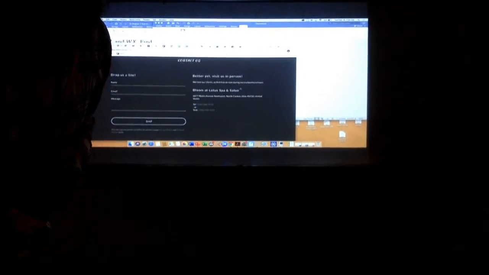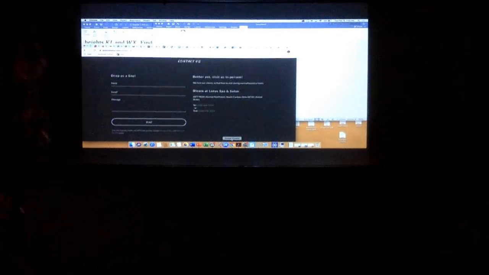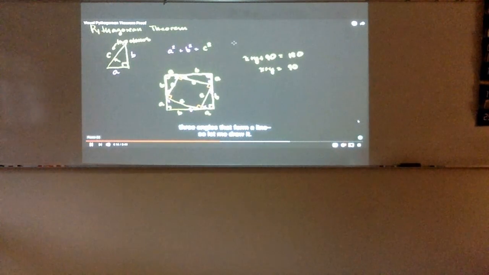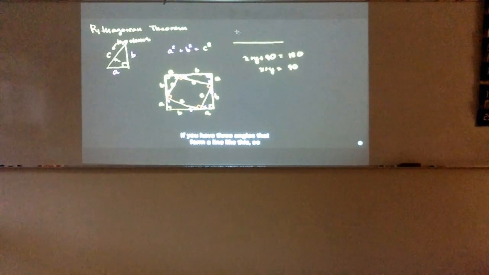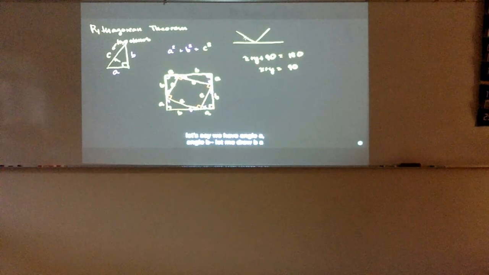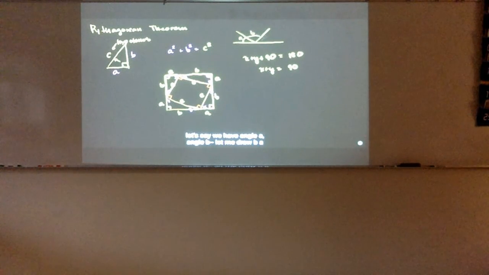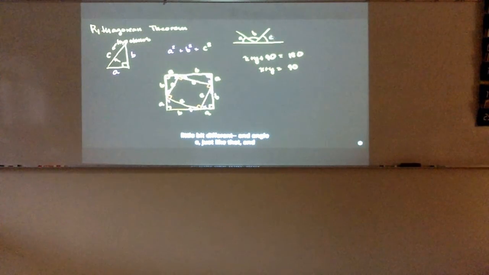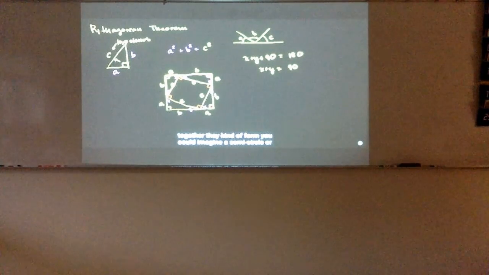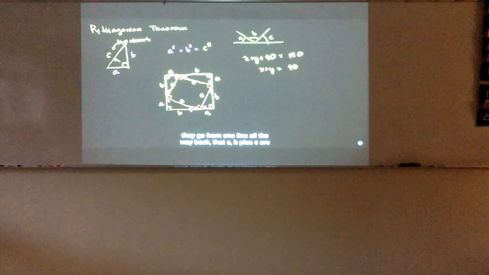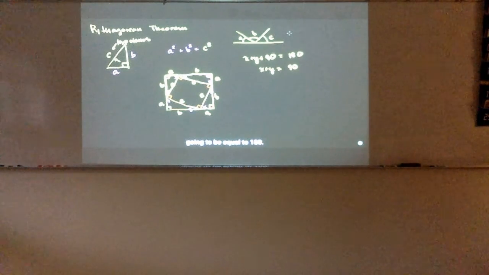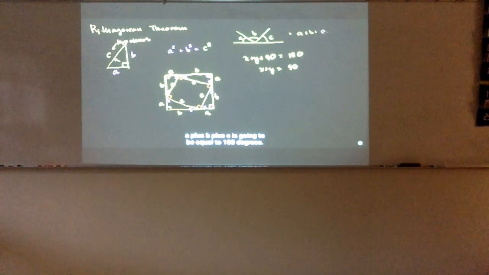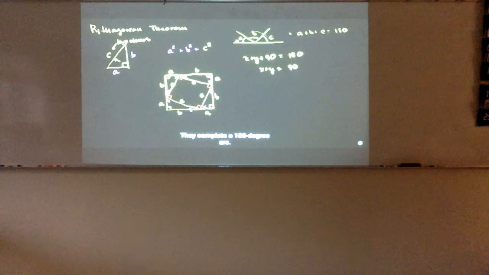Now, you may or may not already know that if you have three angles that form a line, like this, so let's say we have angle A, angle B, and angle C, and together they form a semicircle, then A plus B plus C is going to be equal to 180 degrees. They complete a 180 degree arc.